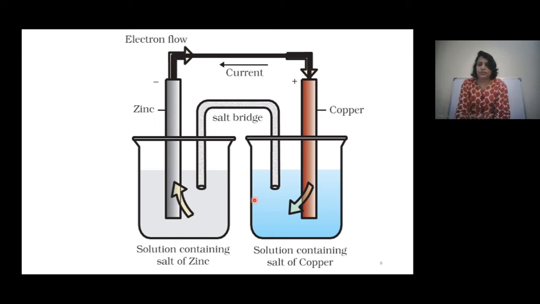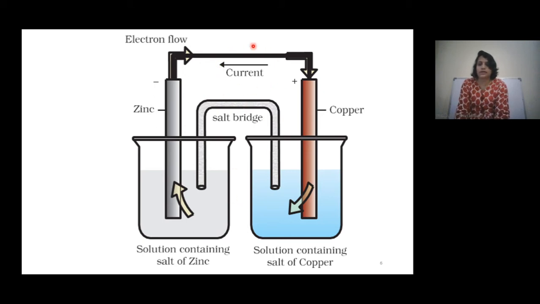This cell converts chemical energy liberated during the redox reaction to electrical energy. It has a potential equal to 1.1 volt when the concentration of both the zinc and copper sulfate is unity, 1 mole per decimeter cube. This is known as a voltaic or galvanic cell.